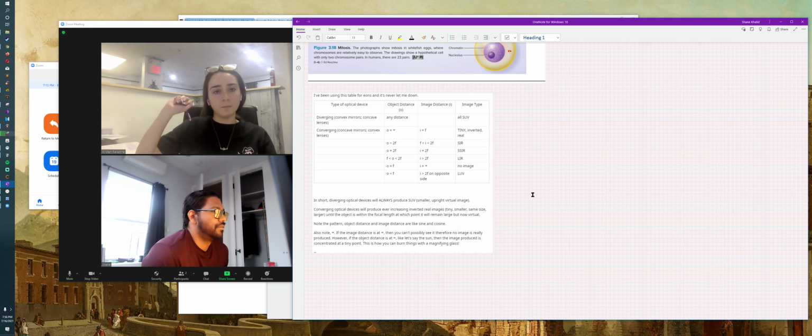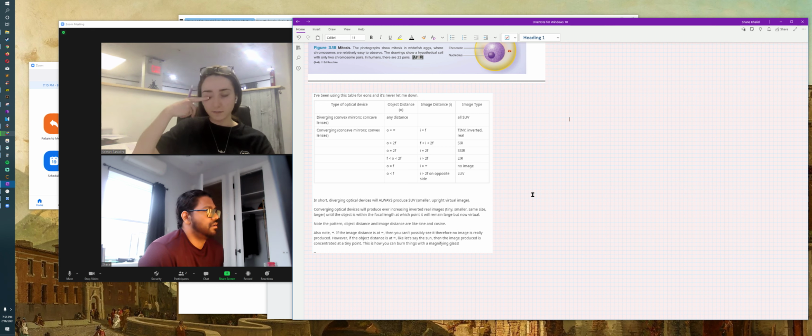So I get the diverging. Now, for converging optical devices, it will produce ever increasing inverted real images, as the object gets closer.